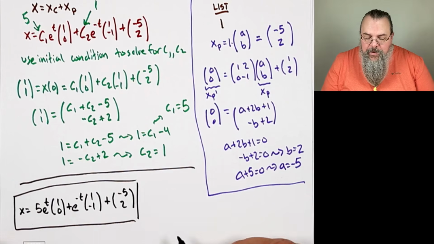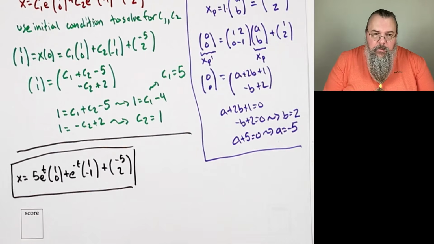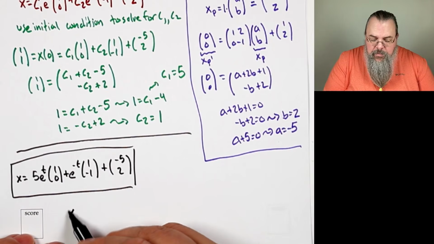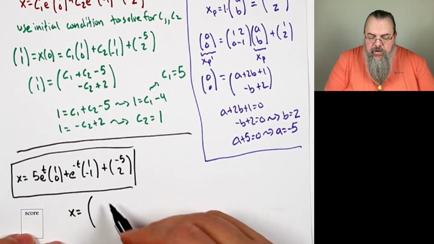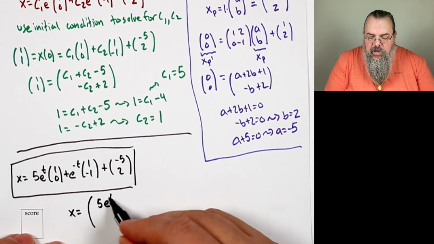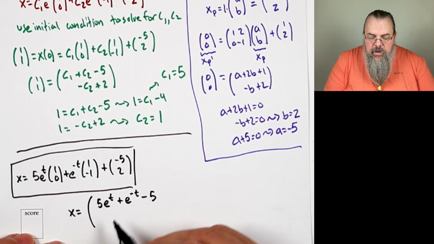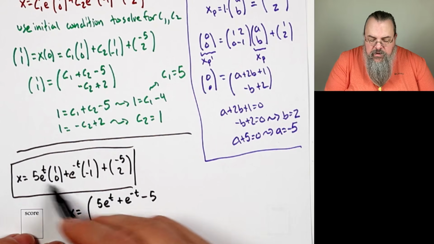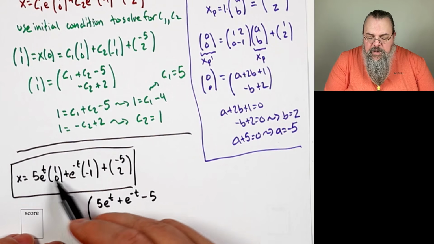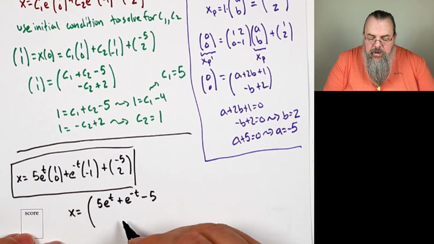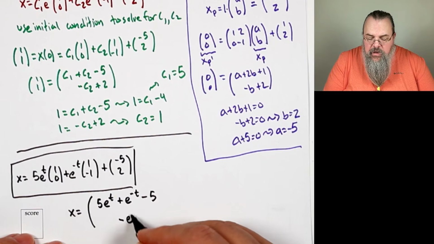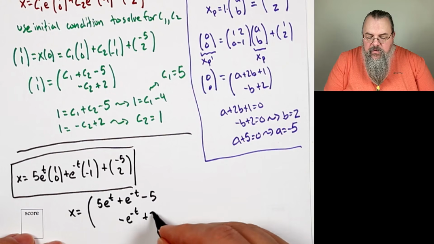Another perfectly reasonable way to write it is to put it into a single vector: 5e to the t plus e to the minus t minus 5, and 0 times 5e to the t, which goes away, then a minus e to the minus t and a plus 2.